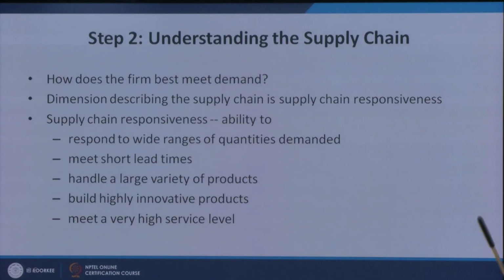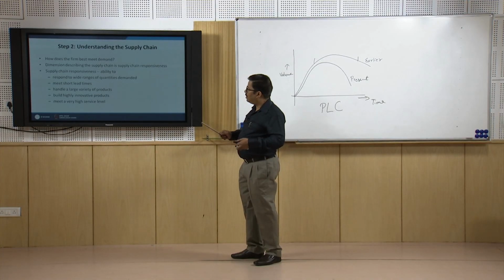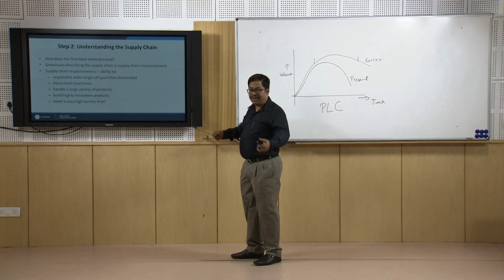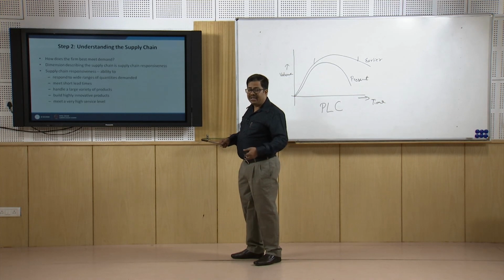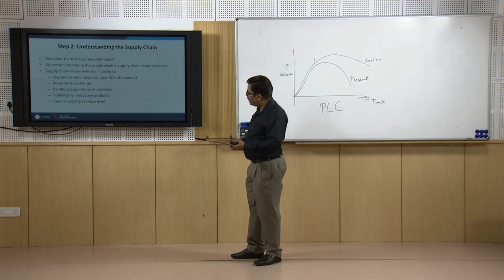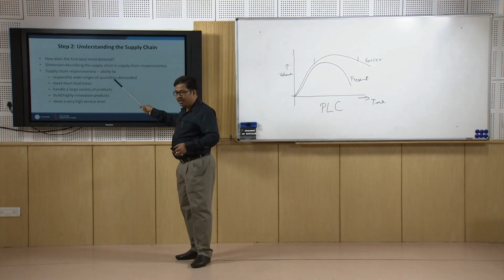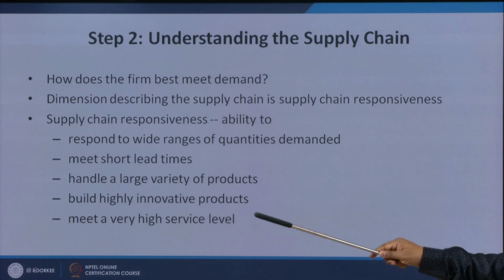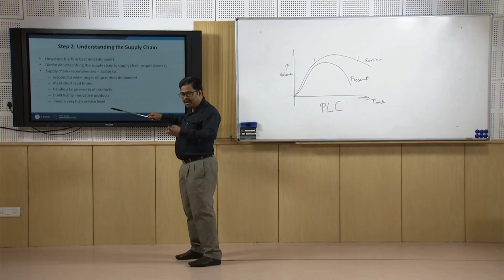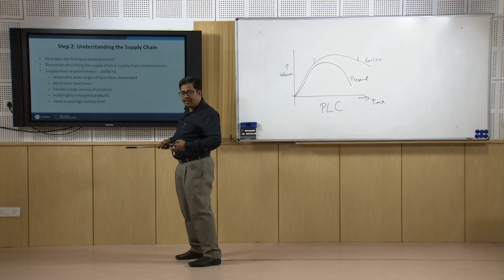Then the dimensions which describe how responsive a supply chain is, whether it is through pricing, facilities, distribution, inventory, etc. And the supply chain's ability to respond to a wide range of quantities, the number of products, how much you are demanding.